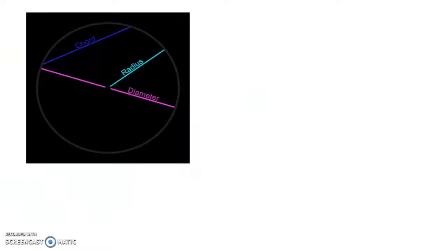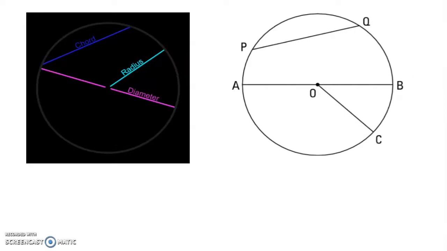We will see now how to name radius, diameter and chord. In the first figure, we can see the radius, chord and diameter as well. So students, see this carefully because now we are going to see how to name them.